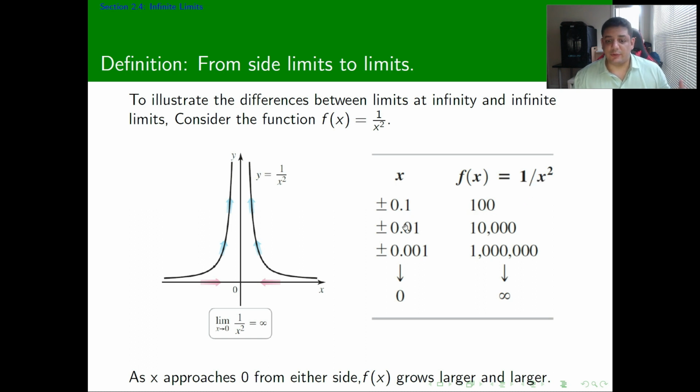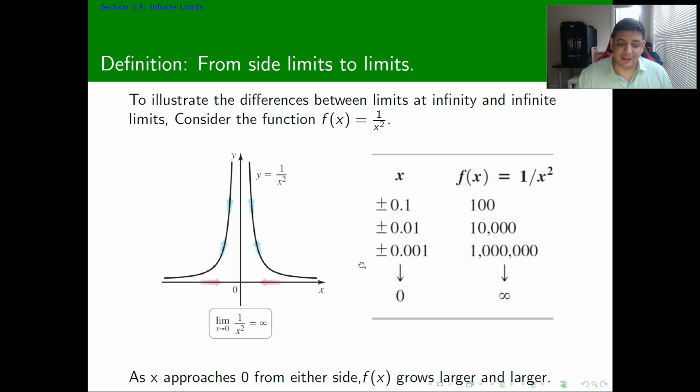If I get closer, if I use 0.01, then that's going to produce 10,000. And if I get even closer, that's going to produce a million. In general, the more I approach 0, the more f of x is going to approach infinity.